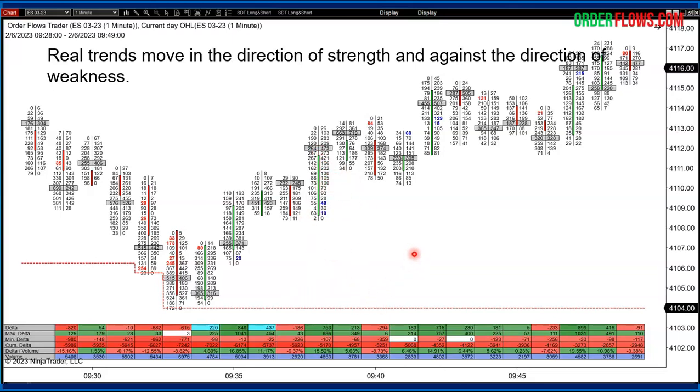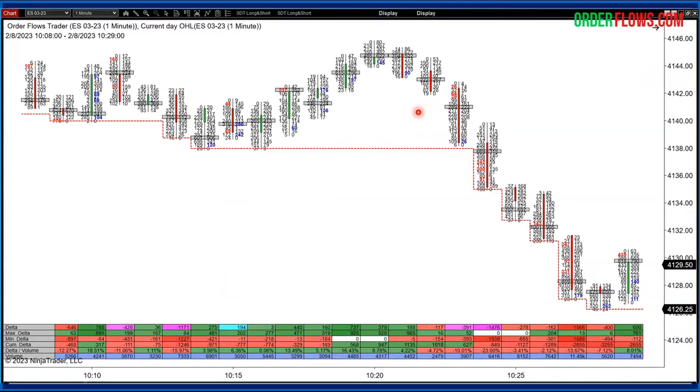200 minus 200 plus 183 plus 700. More strength coming into the market. Okay? So that's how you measure strength, is what the aggressive traders are doing, not necessarily whether overall volume is increasing or decreasing. Obviously, sometimes it's a bit more obvious when volume jumps, 2,400, 3,900, 6,400.